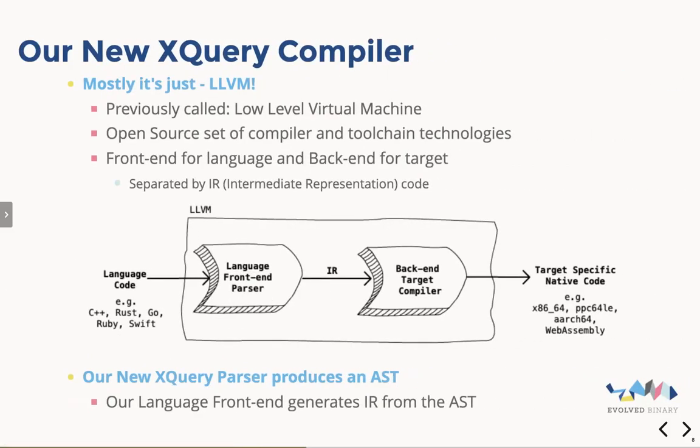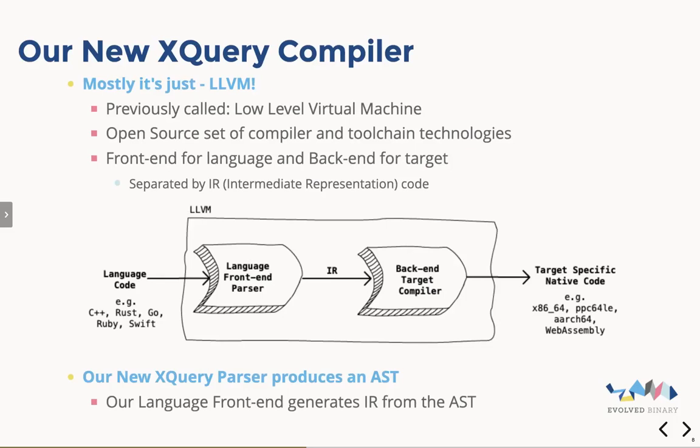Okay, so this is our new XQuery compiler. Once we've got our parser and lexer together that we've written in Rust, we actually have to go from our abstract syntax tree to produce an intermediate representation. And then we have to compile it somehow into machine code. Well, we cheated a little bit here, and for good reasons.